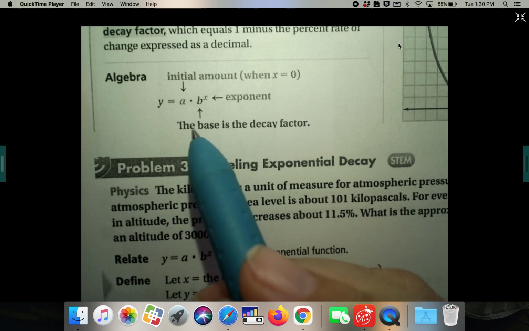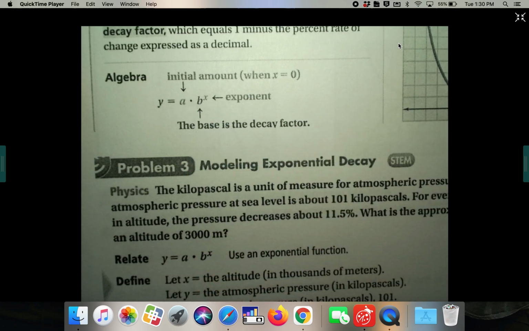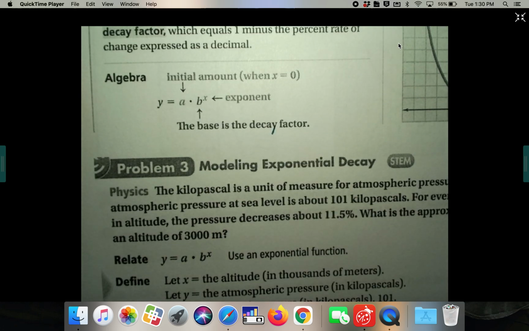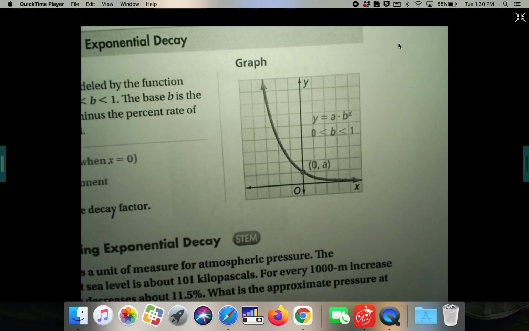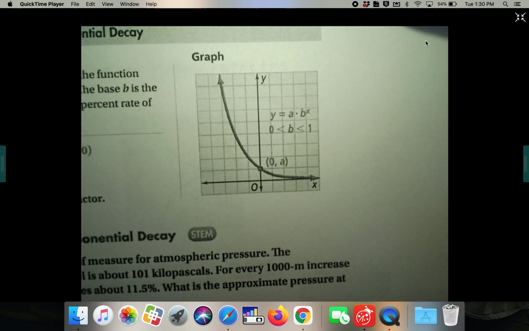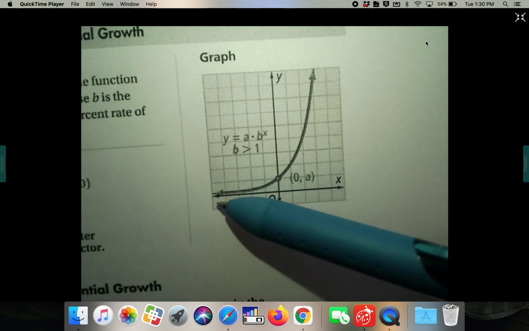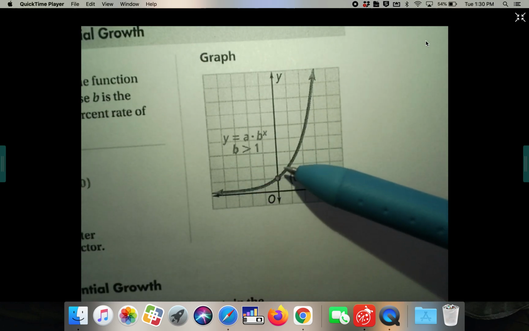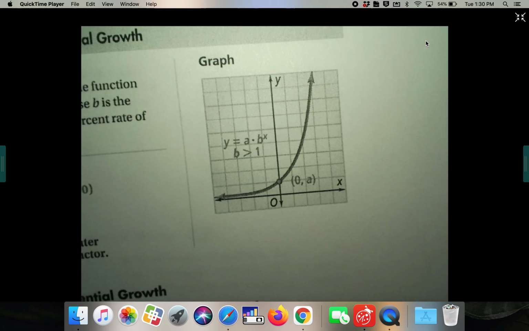Okay, and if b is decaying, that should have said decay factor, then that means it's going to be a fraction. And this is what the graph looks like of an exponential decay. It kind of looks like our other one, but our other one, left to right as you read it, starts low and slow and then jumps straight up.